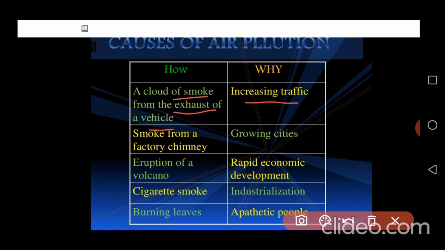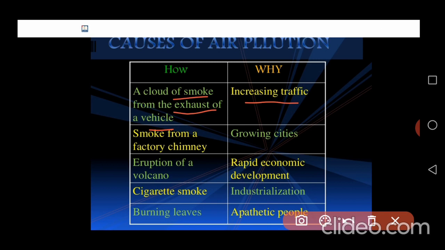I already explained about the combustion of petrol, the combustion of diesel, and the burning of waste.